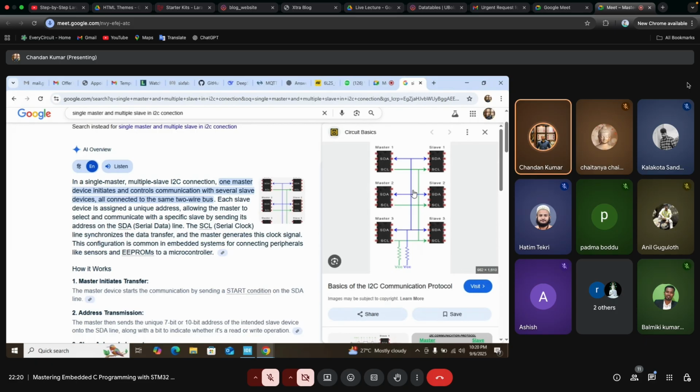So if A wants to control slave D, then what will happen? It will check, is it working for someone else, like for master B or C? If it's right now working for master B or C, then it cannot take its command. So it will wait till the slave finishes the task of the other master.